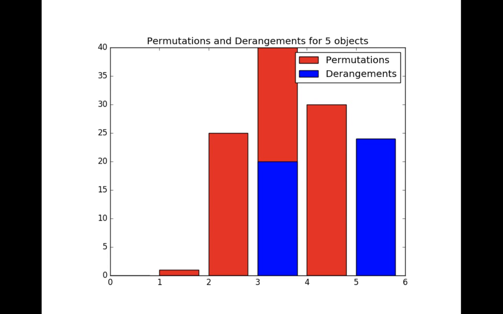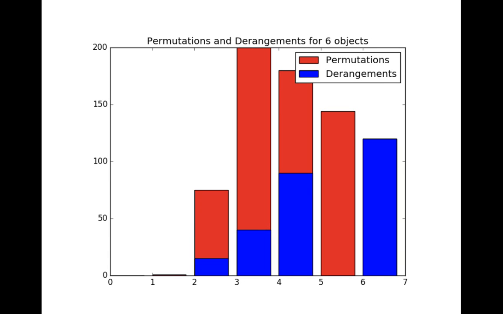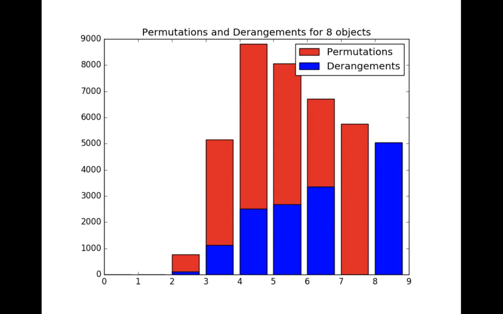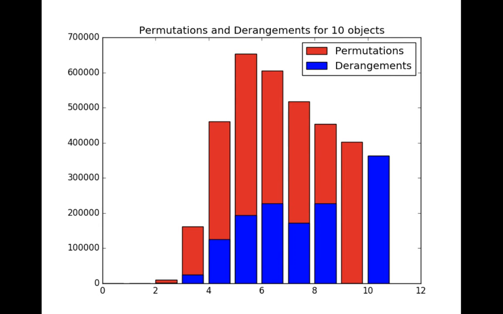You can see you're getting some more derangements coming in, and you're actually getting another kind of characteristic set of shapes. One thing we notice is that the far right is always going to be a blue bar, because if you have 10 objects and you have a cycle of 10, obviously that's going to be a derangement. That's that cycle case I was talking about.